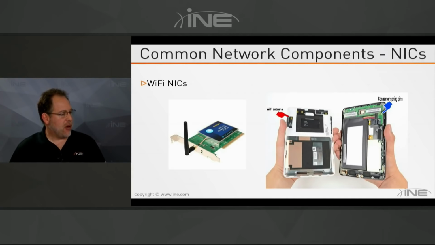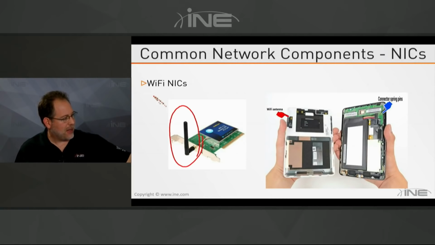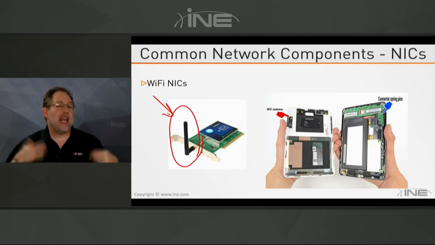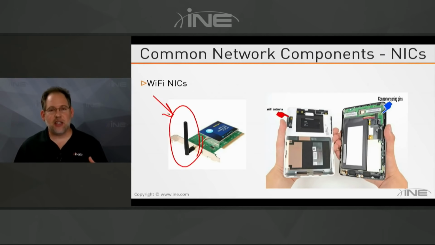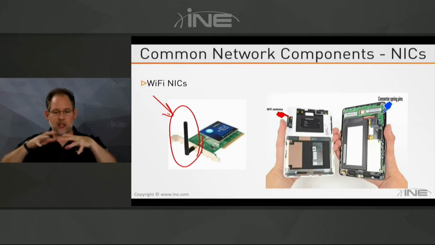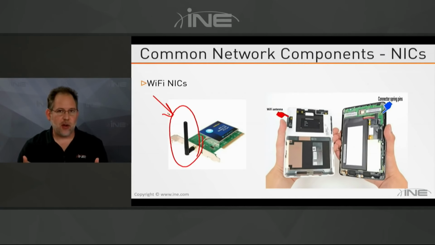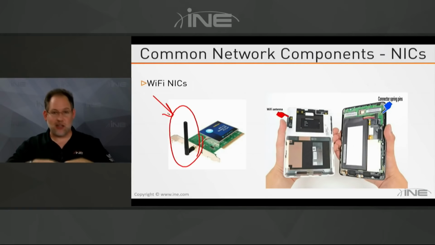So in a Wi-Fi NIC, you're going to have the outside that you can see, if you can see anything, will probably be an antenna like this. So in a Wi-Fi NIC, you have to have an antenna. The internal energy of your laptop or PC or your tablet comes to the Wi-Fi NIC internally as electricity.